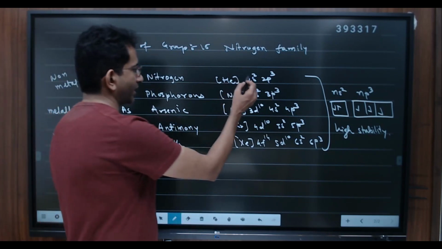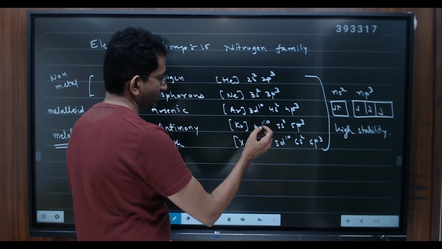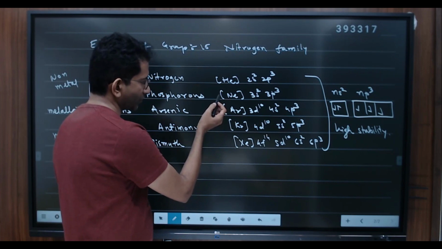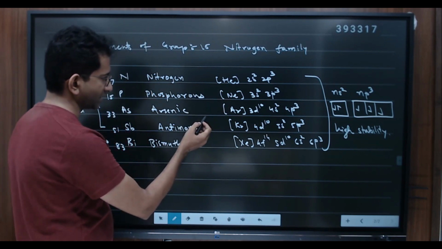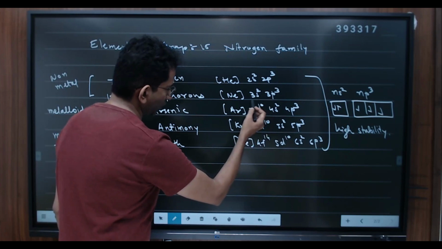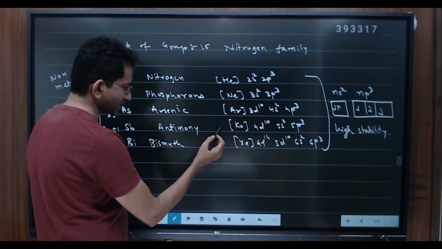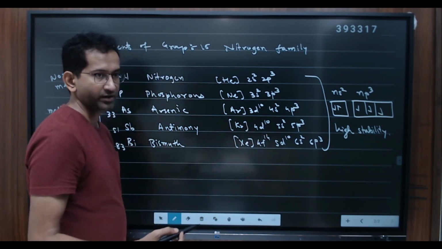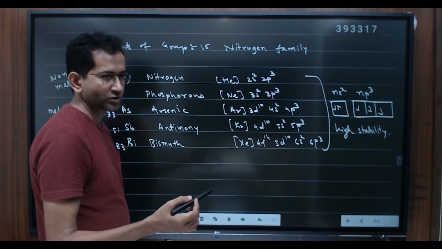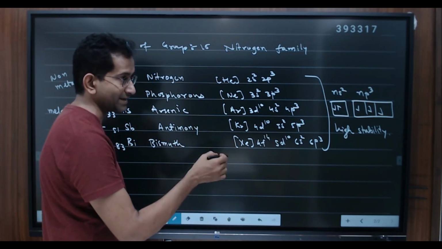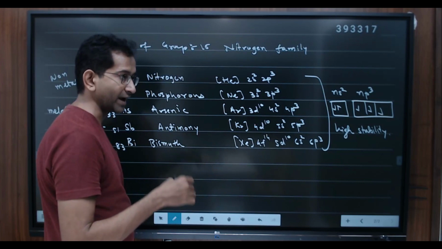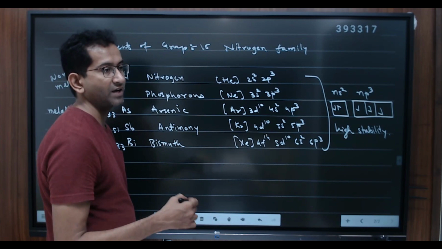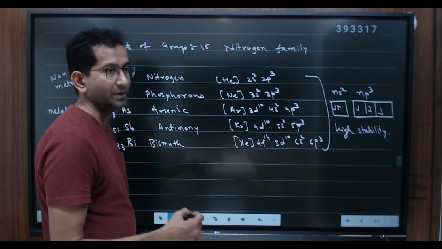Now, going from nitrogen to phosphorus to arsenic to antimony to bismuth, they all have same electron configuration in outermost orbit, but going from phosphorus to arsenic, introduction of d orbital takes place, and going from antimony to bismuth, introduction of f orbital is there. And we know that the screening effect of electrons present in d orbitals is less as compared to s and p, and that of f orbital is the minimum screening effect, and due to that some physical and chemical properties are found a bit changed.